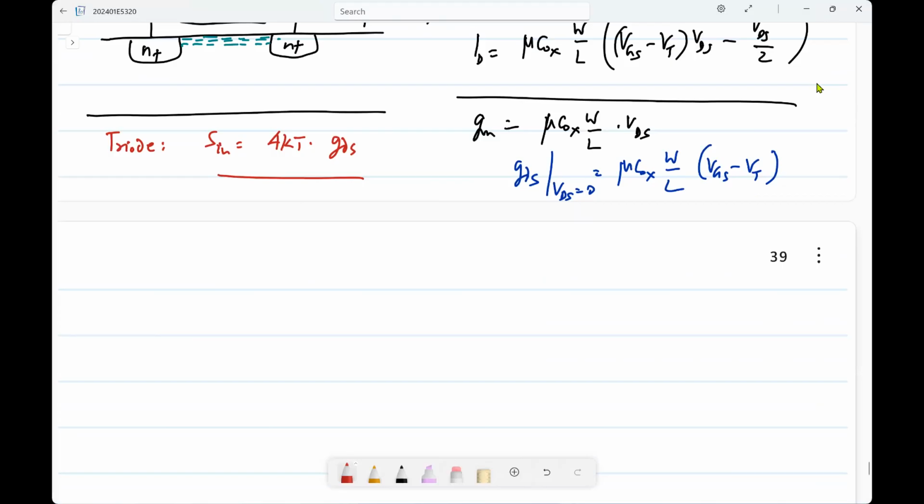Okay. So it turns out that the unified model is, let me recall, 4kT times the mobility times the magnitude of the inversion layer charge, divided by L square.